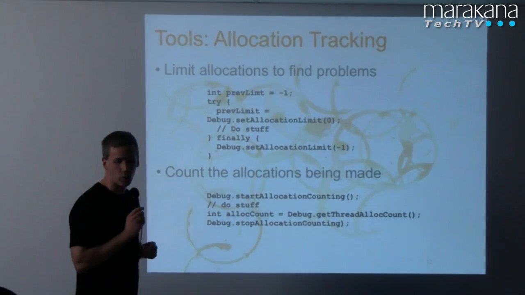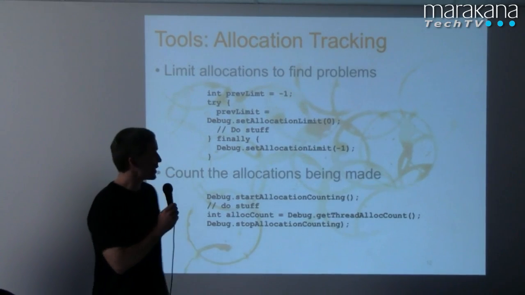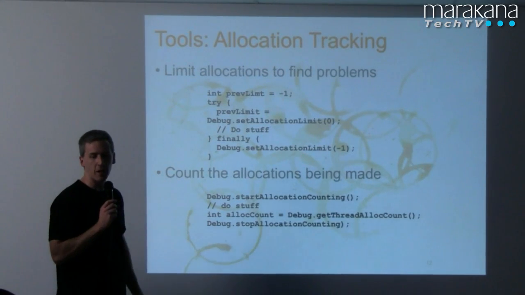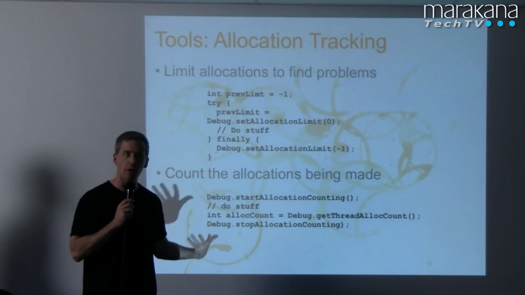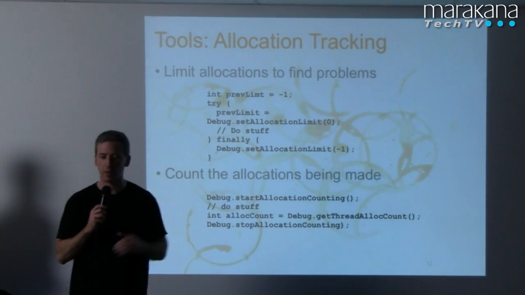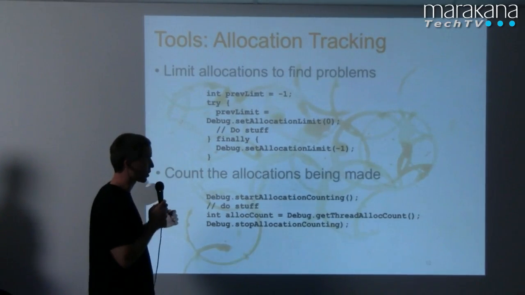Allocation tracking. Okay, so we're going to take a look at some tools in a minute here, but there's some programmatic things that you can use to track the things going on in your code.